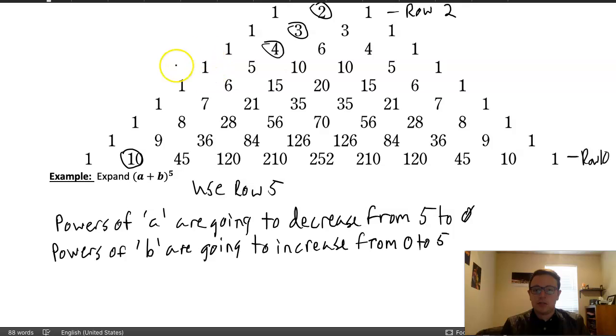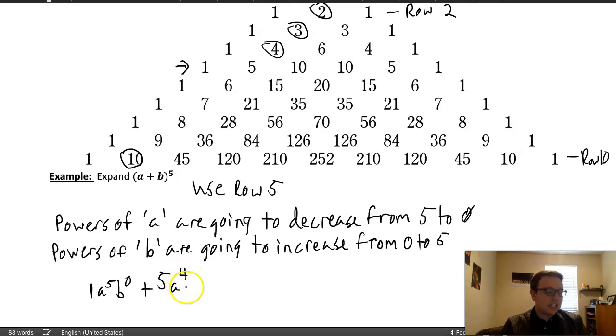So we're going to be using row 5, that's this row here, for our coefficients. The first one is going to be 1. And our powers of a start at 5, so we'll have a to the 5. Our powers of b start at 0, so this would be 1, a to the 5, b to the 0. Our next term is going to be plus, our next coefficient is 5. Now we're going to decrease our power of a by 1, so we're going to step down.